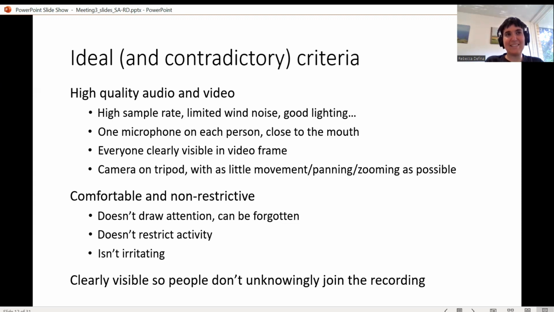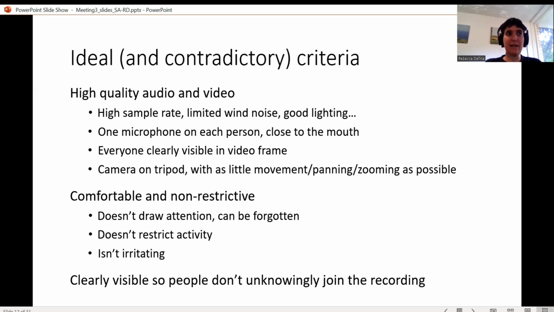And ideally you want the participants to be able to potentially forget that the camera or the microphone is there, so that you can just go on talking as naturally as possible with as little concern about the recording as possible.